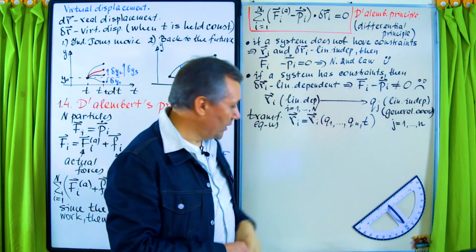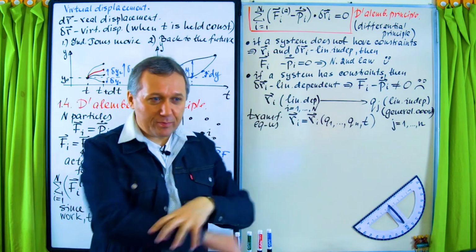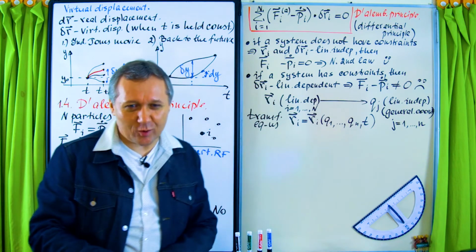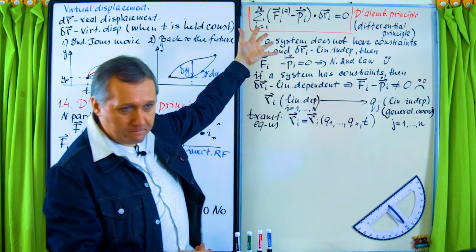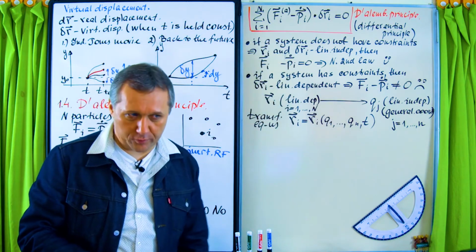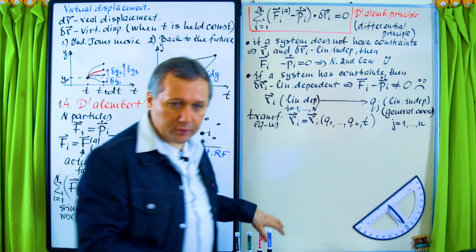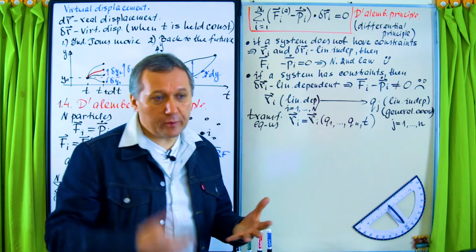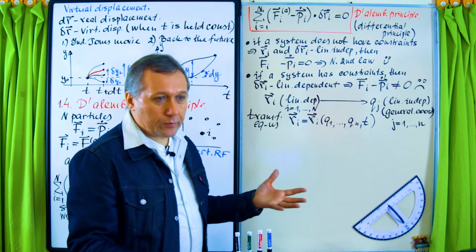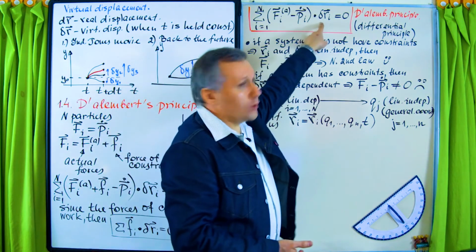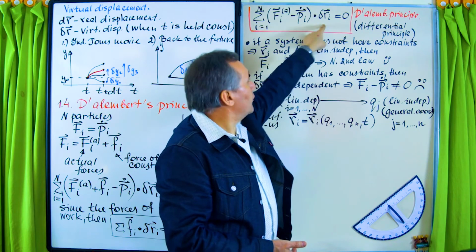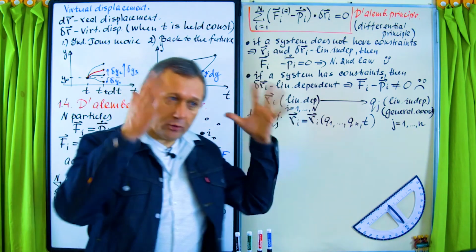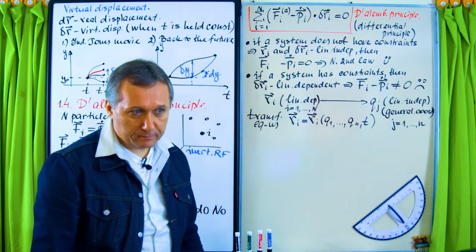We need to change coordinates, because right now, the way it's written, it doesn't work for us. If we manage to rewrite it in that form, then delta q's will be linearly independent, and we can say that all those factors in front of those delta q's must be 0.